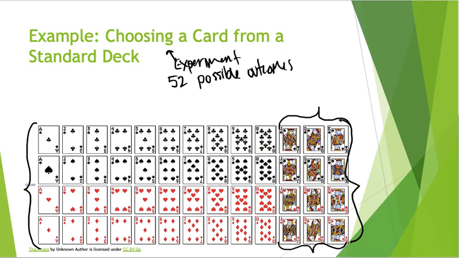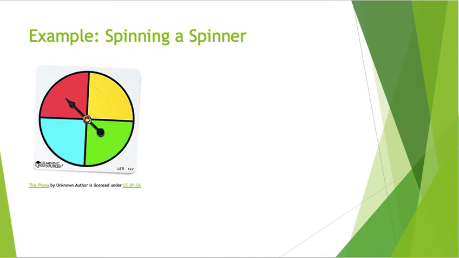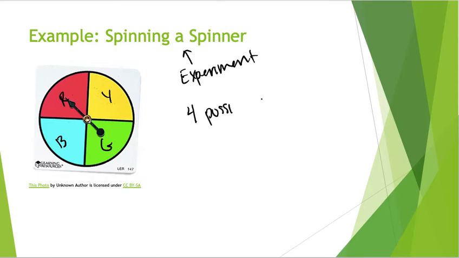Last example we'll take a look at is spinning a spinner. So in this case, you've got a spinner that includes red, yellow, green, and blue spaces. So spinning the spinner, that is your experiment. There are 4 possible outcomes.